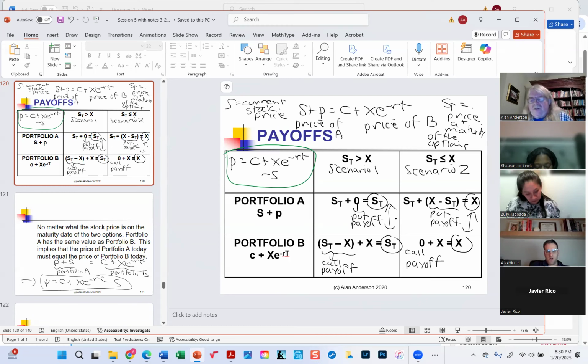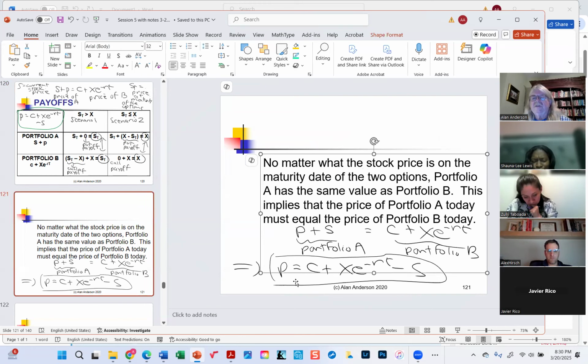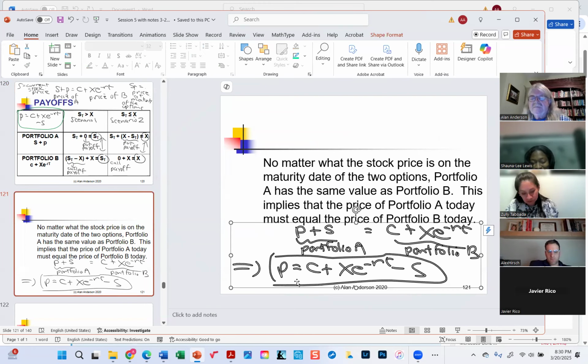No matter what happens in the future, because it's a risk-free security, no matter what happens to the stock at time T in the future, the treasury bill will be worth exactly X dollars by design. Okay, I think I'm following you. And therefore the prices, so that implies that S plus P equals C plus Xe to the minus RT, or we can rewrite it like this, and suddenly there's our put call parity condition.